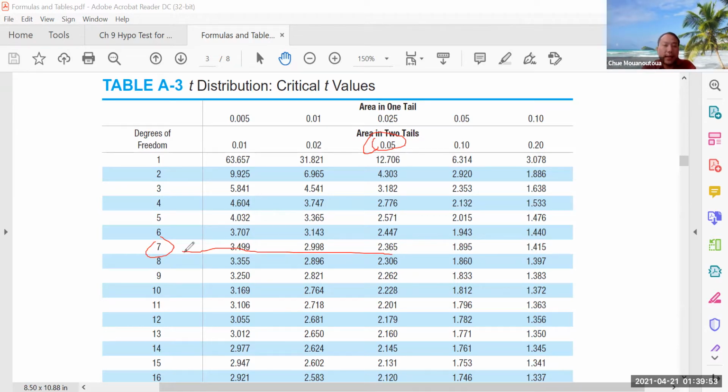You start with 0.05 of area in two tails, and you go down. So you can see that your critical value t is 2.365. Now, the fact that we have a two-tailed test means we're going to have a negative and a positive 2.365.